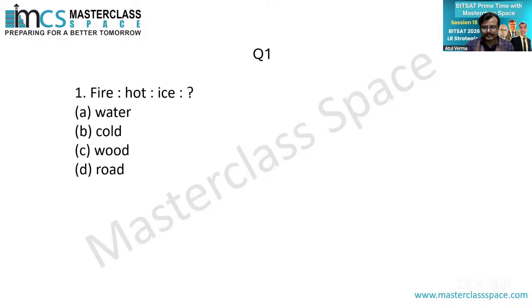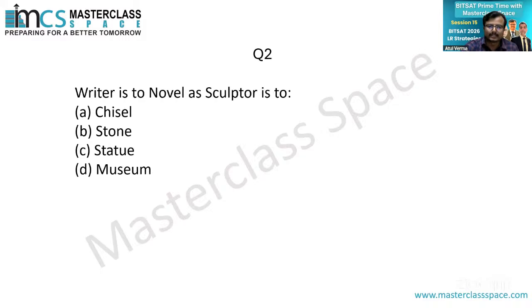What you need to do is focus entirely on the first 2 words. Just try to establish a clear relationship in your mind with respect to the first 2 words, and then try to identify that relationship in the next set of 2 words. Fine. So this was a fairly simple question to start with.